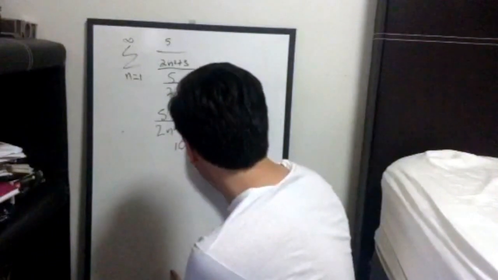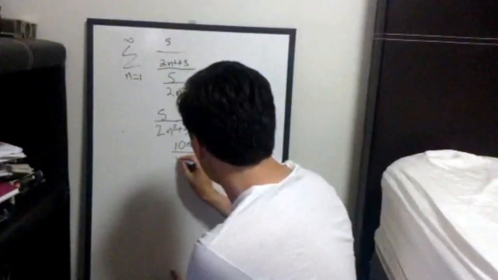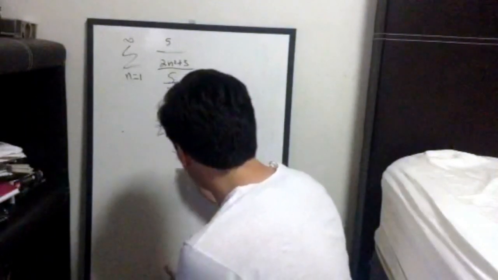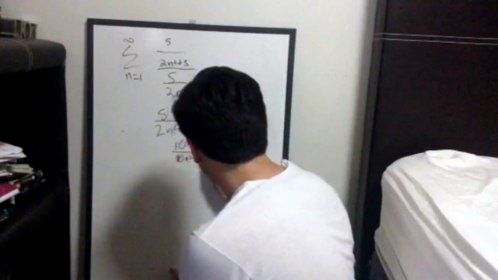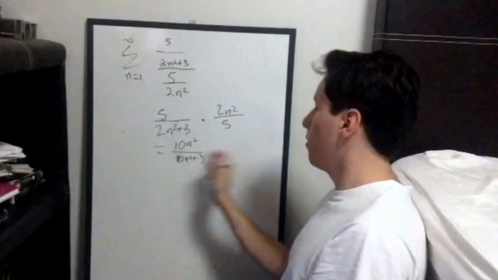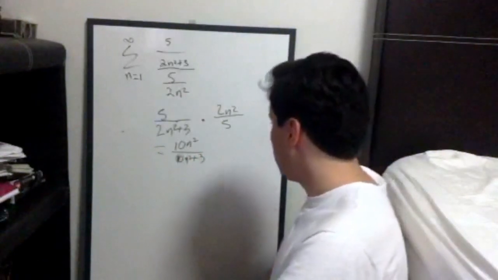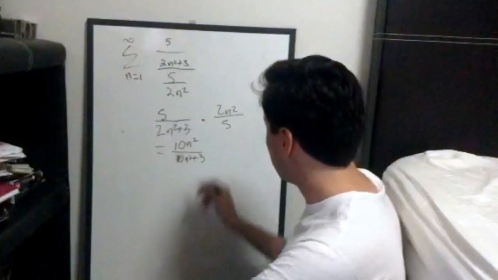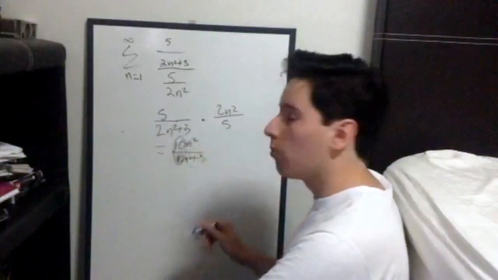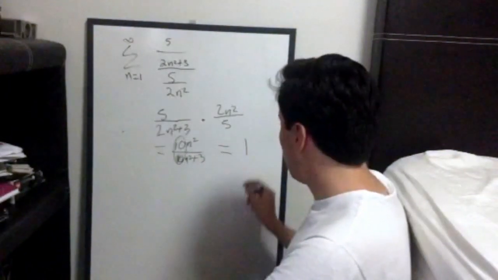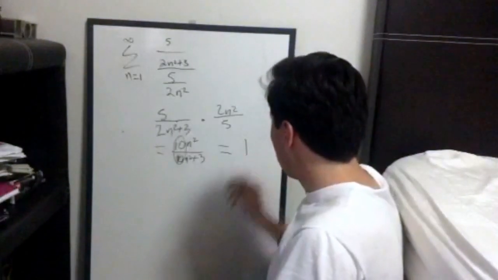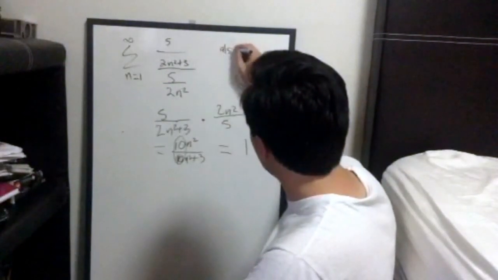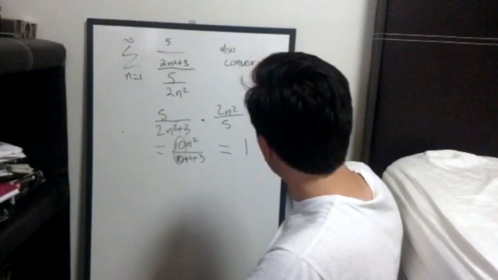So now what this test tells us is that if the power of the numerator is equal to the power of the denominator, then the limit is 10 over 10, which in this case equals 1. Now we know that these series converge. So our original series, by the comparison test, also converges.